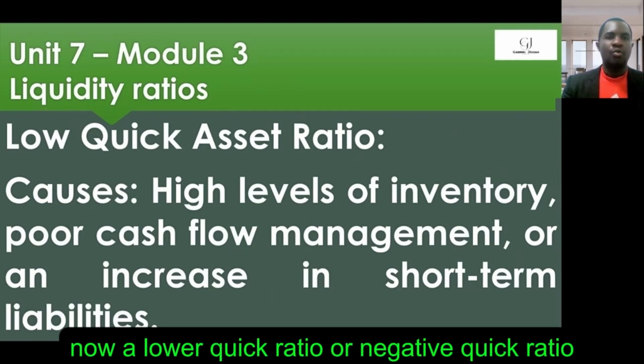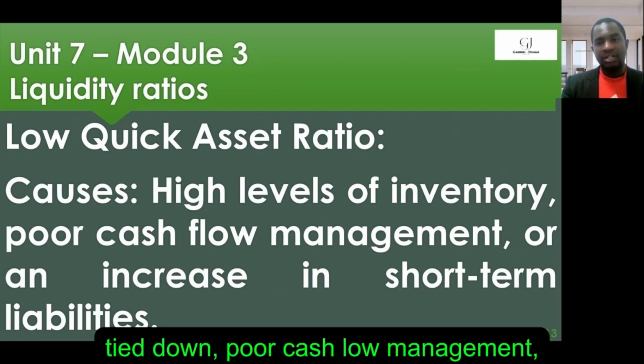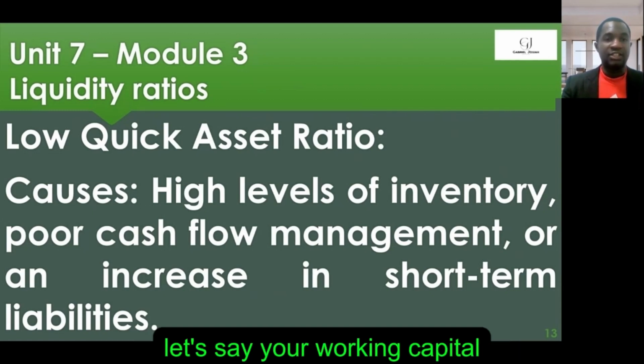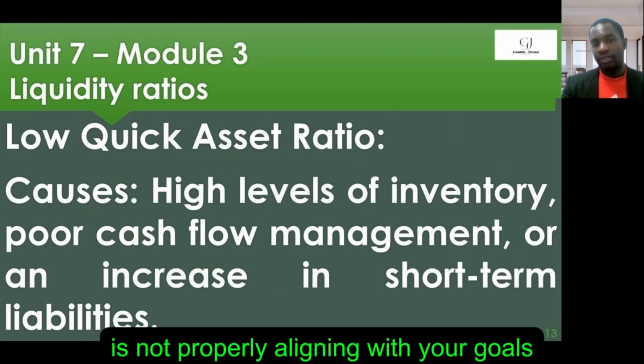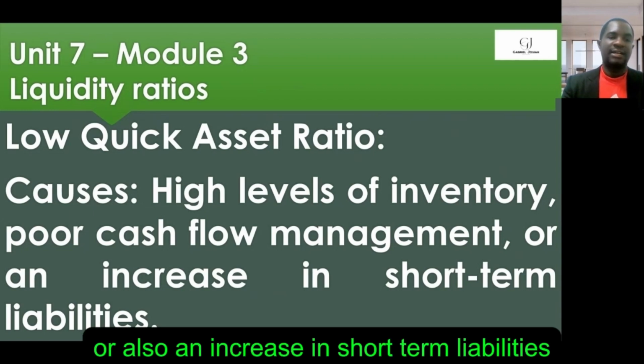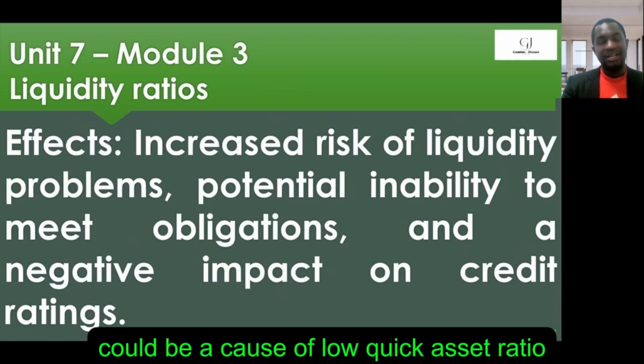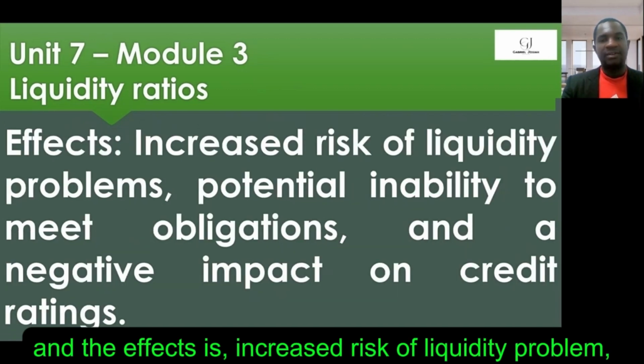Now, a lower quick ratio, and the cause is a high level of inventory tied down, poor cash flow management. Your working capital is not properly aligning with your goals and your business strategies, or also an increase in short-term liabilities could be a cause of a low quick asset ratio. And the effect is increased risk of liquidity problems.